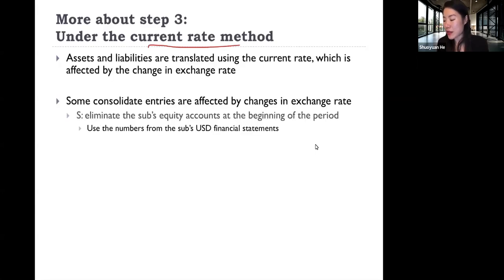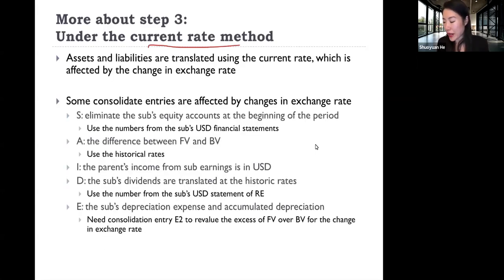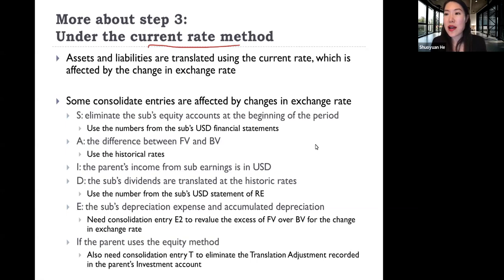However, if the firm is using the current rate method, that's when we need to make additional consolidation entries. Because when the firm is using the current rate method, all of the assets and liabilities are translated using the current rate, which is affected by the changing exchange rate. So there are some consolidation entries that are affected.